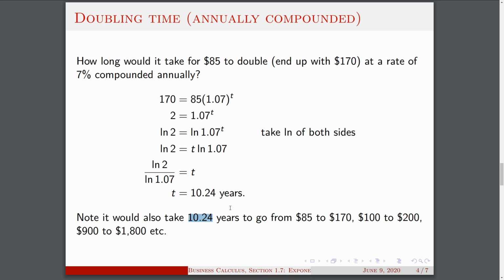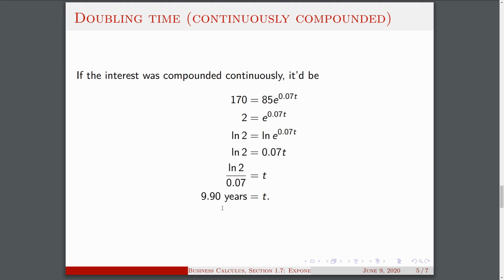And the answer is yes, it makes sense, because if it's growing continuously, then it's growing faster, right? Some portion is being added on at each moment. That portion starts earning interest itself, so the function is actually increasing a little bit faster, so it takes less time to double because it's increasing faster.